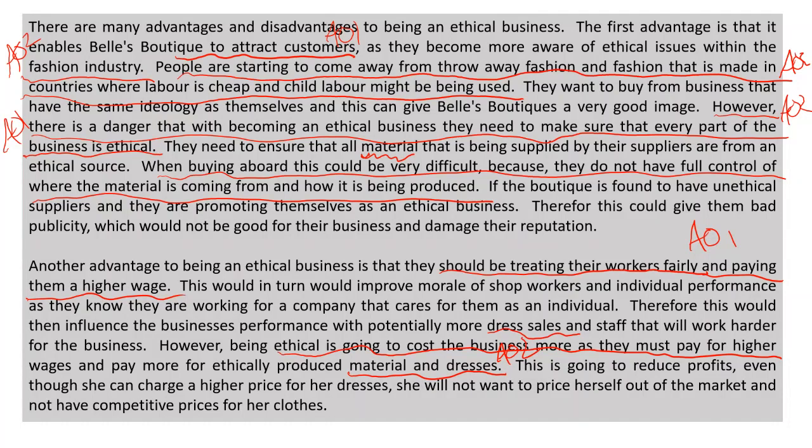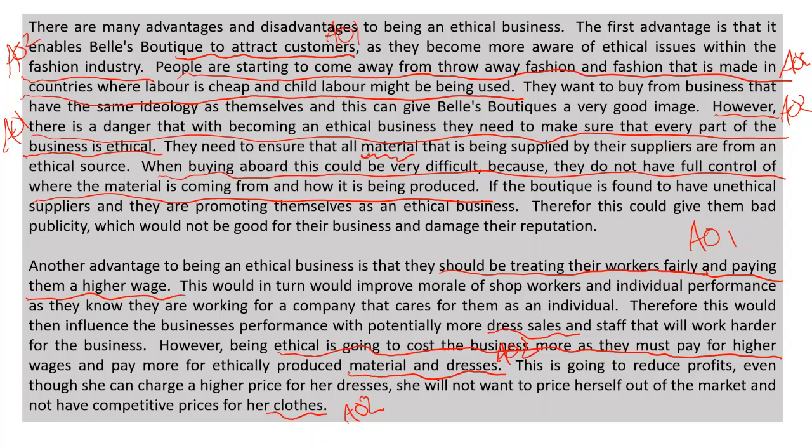This is going to reduce profits, even though she can charge a higher price for her dresses. She will not want to price herself out of the market and not have competitive prices for her clothes. Again, AO2.